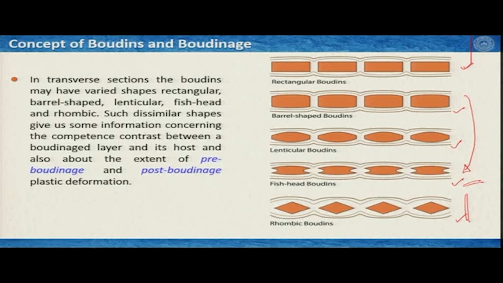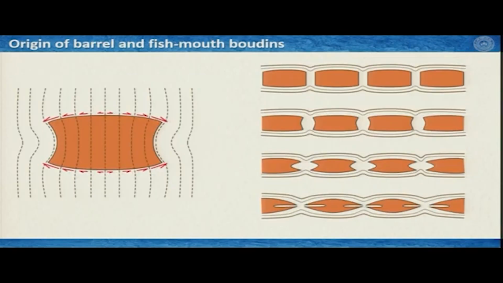Now, the presence of rectangular Boudins with edges at right angle to the general layering, this is what we see here, simply indicates that throughout the course of development of Boudinage, the layer which is undergoing Boudinage processes behaved in a brittle manner. Now, at the corners of these Boudins, there is relatively high shear stress which tends to deform the Boudins. This is exactly what happens in the post Boudinage processes.